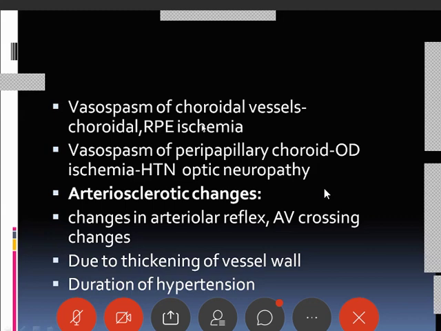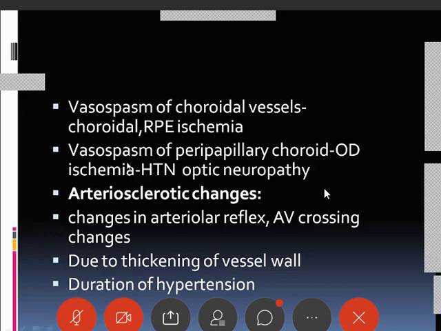When there is vasospasm of the choroidal vessels, there will be choroidal and also retinal pigment epithelial ischemia, because the RPE is adjacent to the choroid and is supplied by the choriocapillaris. Whenever the choroidal vasculature is affected, the RPE is affected.